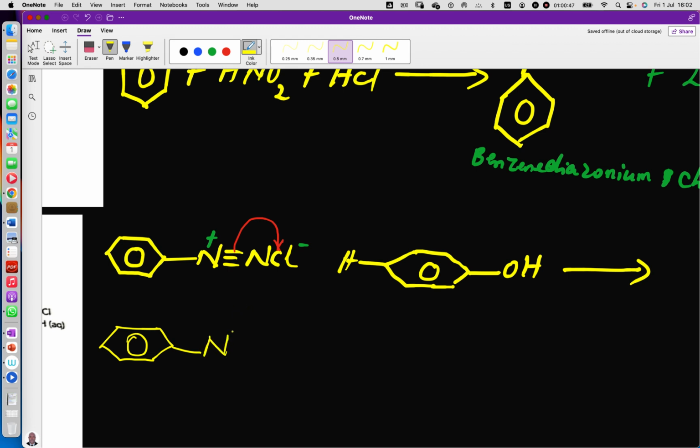This hydrogen is removed. This chlorine and this hydrogen will form hydrogen chloride. And now it leaves to what?